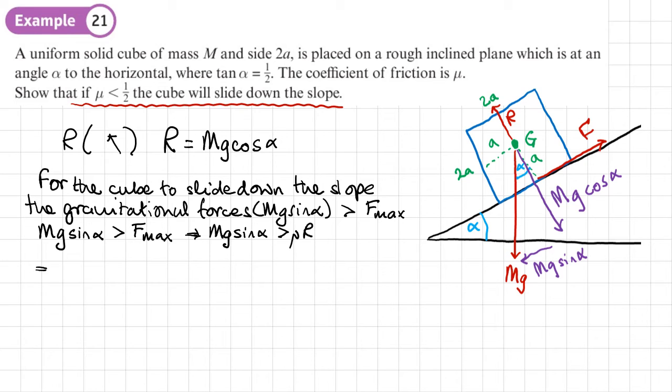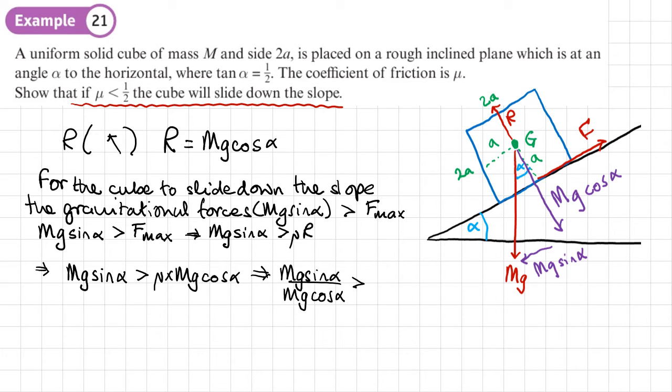Now we know what R is from resolving perpendicular to the slope. I suppose what we're doing here is resolving parallel to the slope, but with an inequality. So yeah, mg sin alpha is greater than mu, and R is mg cos alpha. If we divide both sides by mg cos alpha, we'll get mg sin alpha over mg cos alpha is greater than mu.